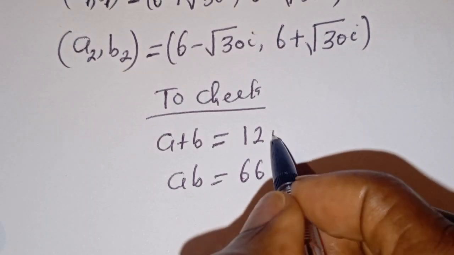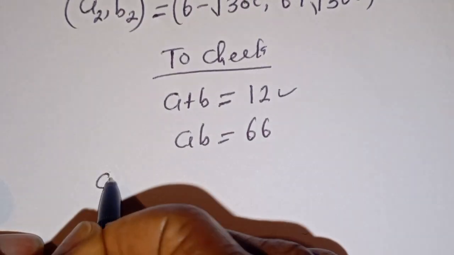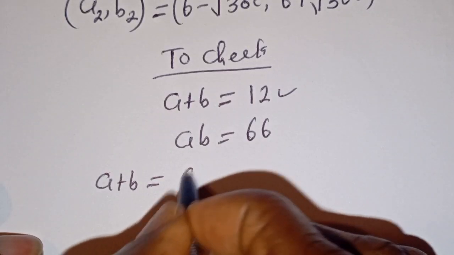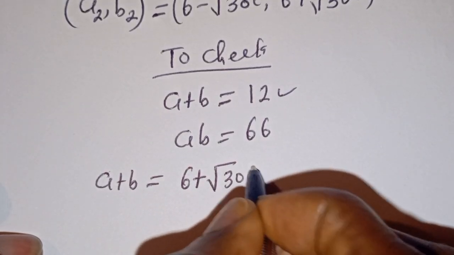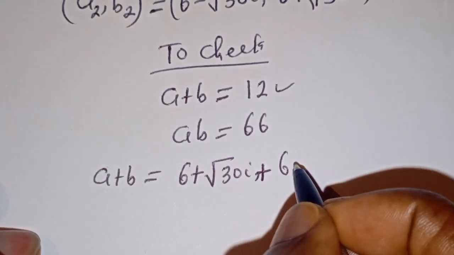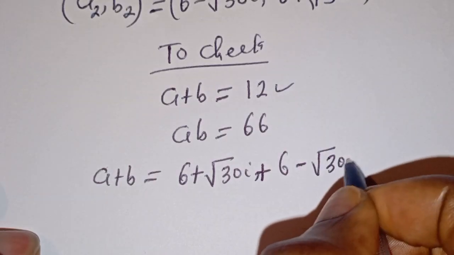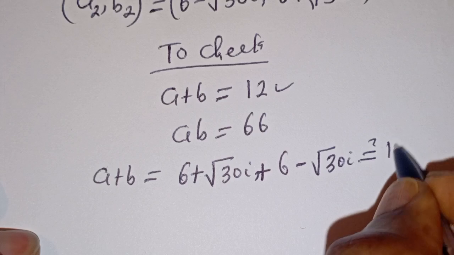Now let's check this using any of these values. a plus b is equal to 6 plus square root of 30i plus 6 minus square root of 30i must be equal to 12.